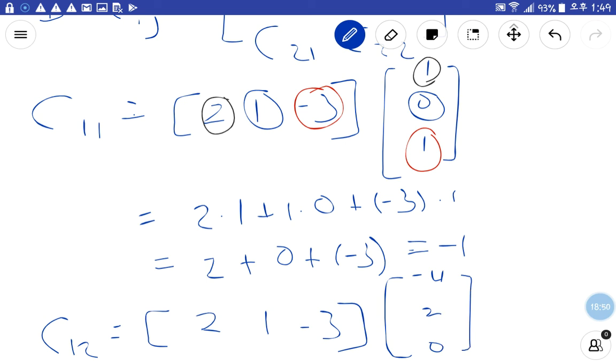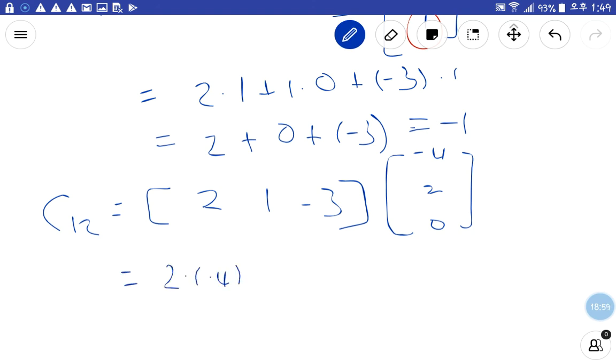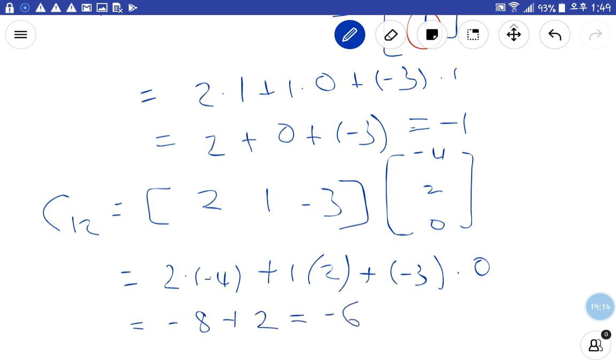The process would be exactly the same as what I just showed you. So the first number, 2 times negative 4, plus 1 times 2, plus negative 3 times 0, and you got negative 8 plus 2, which is negative 6.